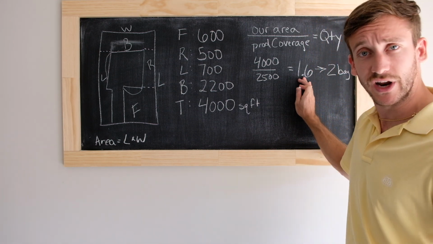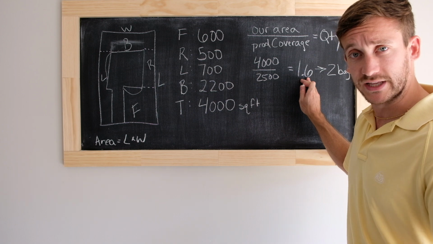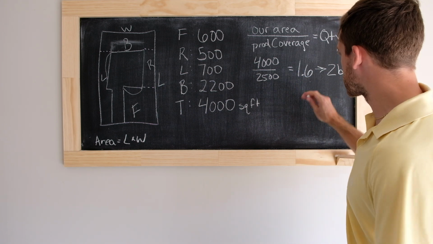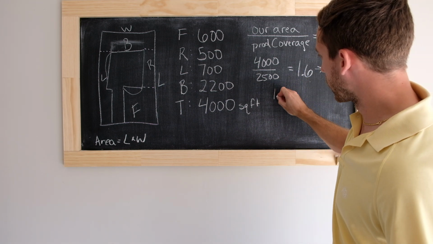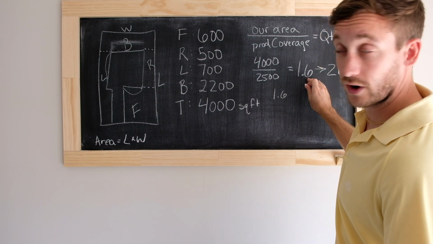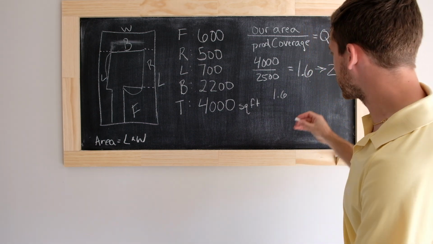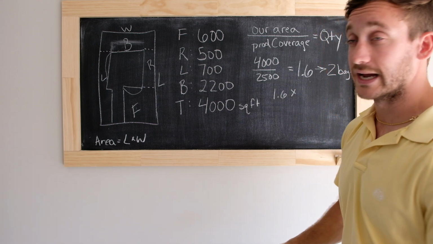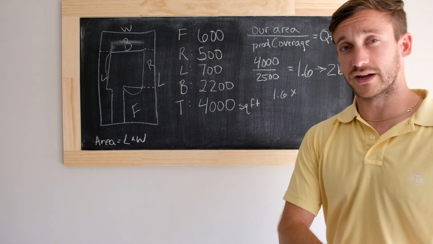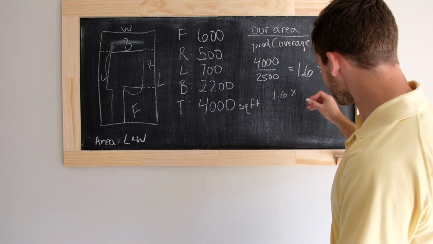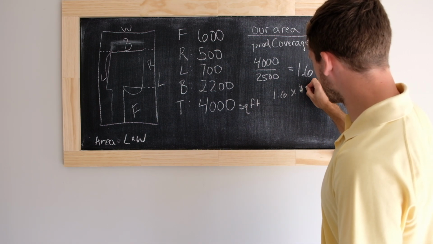But this gives us a good idea of how much we're going to actually have to spend per application, because we can take 1.6, because we know that we're going to need 1.6 bags. We can always use that fertilizer later, and we're going to multiply it by our cost. In our case, Milorganite is about $15 a bag.